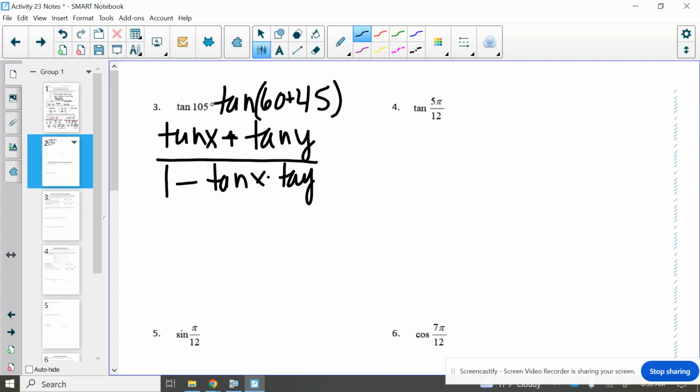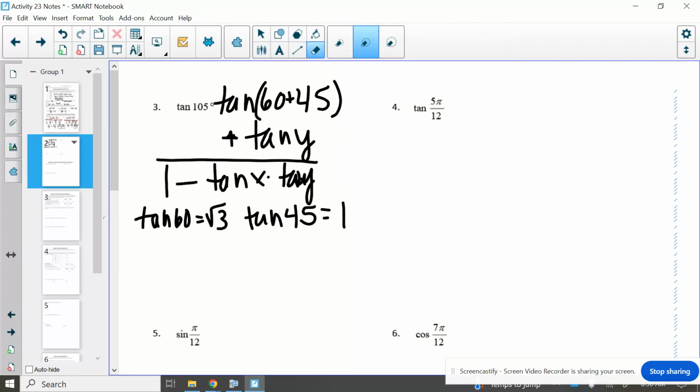So tangent of 60 is going to be our y value divided by our x value. So in this case, that would be square root of 3 over 2 divided by 1/2. We know that the tangent of 60 is going to be equal to square root of 3. And then 45 would be the square root of 2 over 2 divided by square root of 2 over 2. That's just 1.